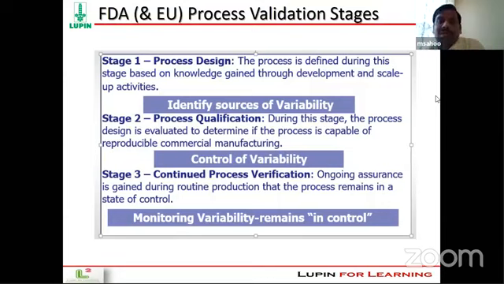Okay, that's true. That's what the FDA and European Union say, but the FDA doesn't say that. The FDA says that it is up to you to decide how many batches you need to manufacture in a process validation. It's not 3, it can be 5, it can be 10. It is based upon your convenience and your ability to evaluate the data to assure the quality of the product.